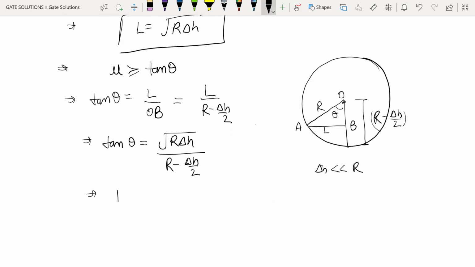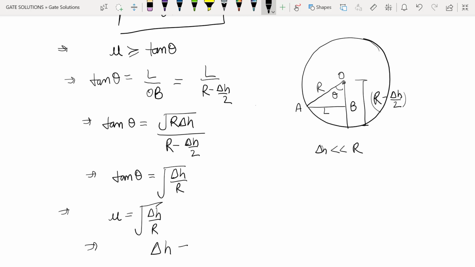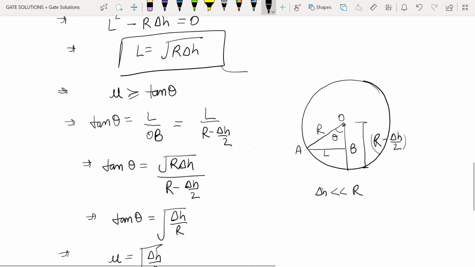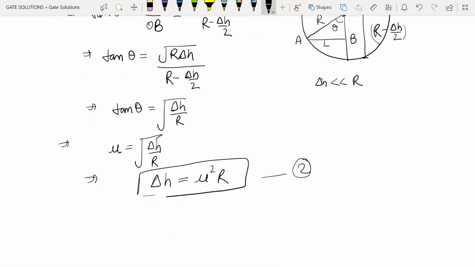So we get tan theta equals under root delta H by R. Now to satisfy the minimum condition, the minimum coefficient of friction must be equal to this value, under root delta H by R. So from here we get delta H equal to mu square R. So this is the first expression we get. This is the second. Now we will solve the main question.